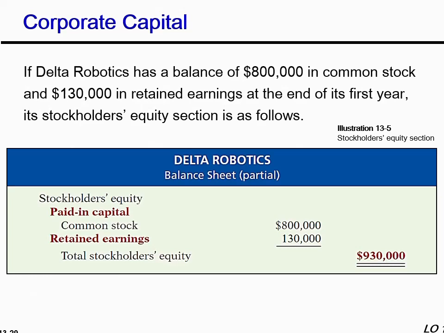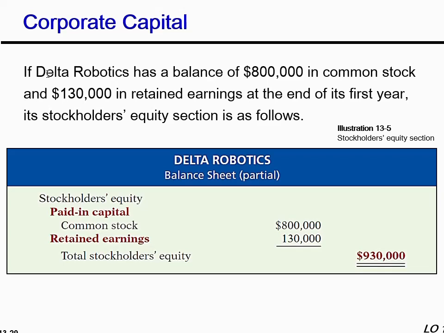Let's take one example of how the company's owner's equity looks like. So if Delta Robotics has a balance of $800,000 in common stock and $130,000 in retained earnings at the end of its first year, how would its stockholders' equity look like? You know, balance sheet has assets.